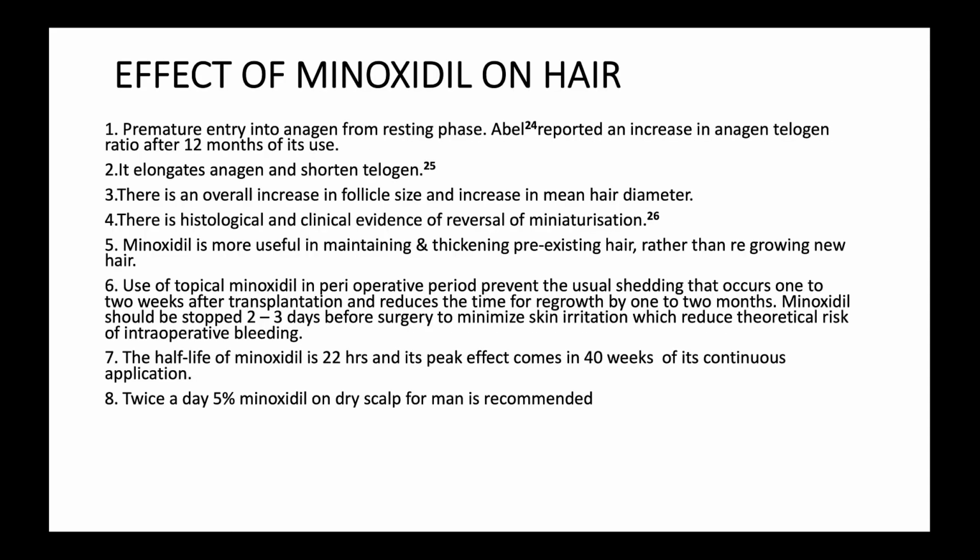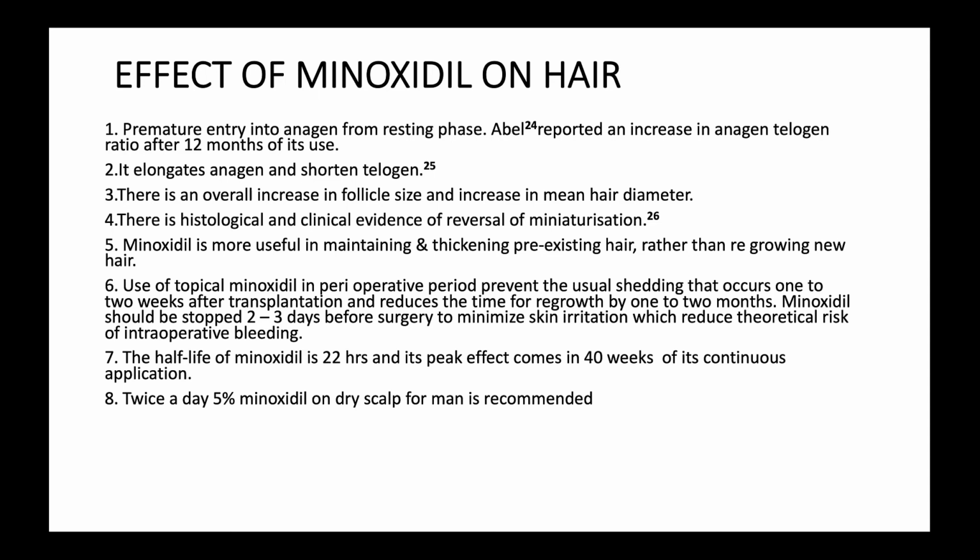The effects of minoxidil on the hair are premature entry into anagen from the resting phase. Means the hairs which were in telogen phase enter into the anagen phase. Abell reported an increase in anagen-telogen ratio at 12 months of its use.